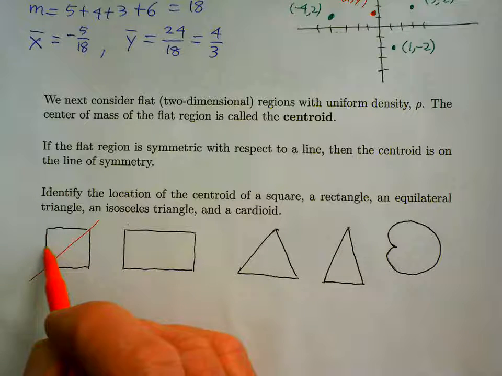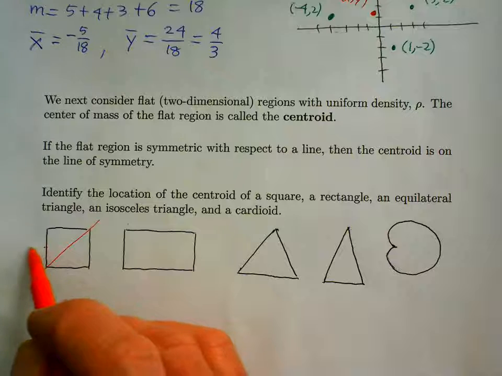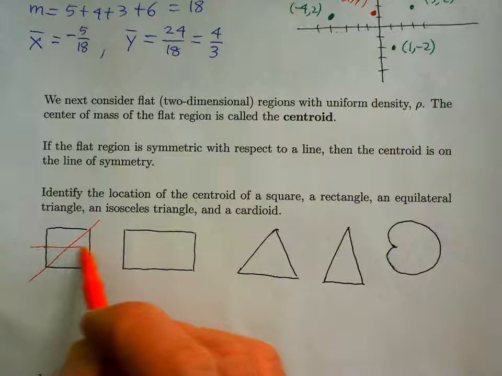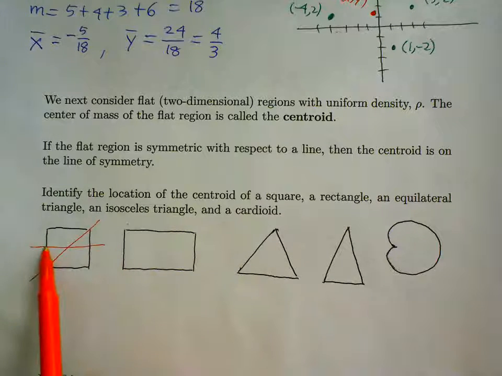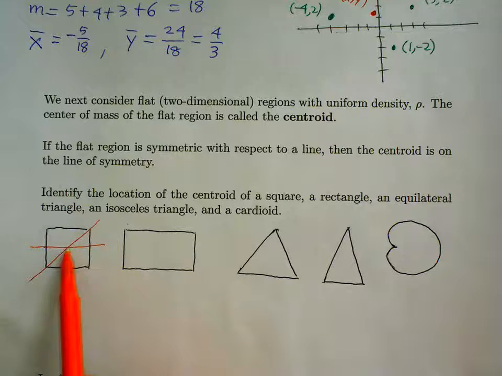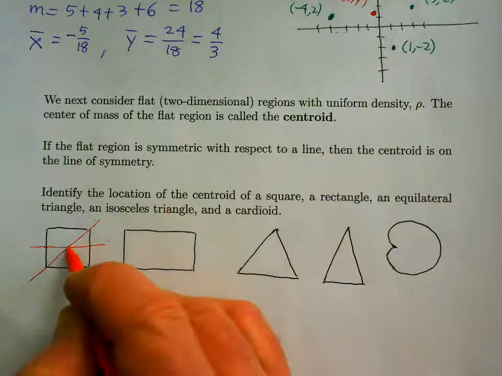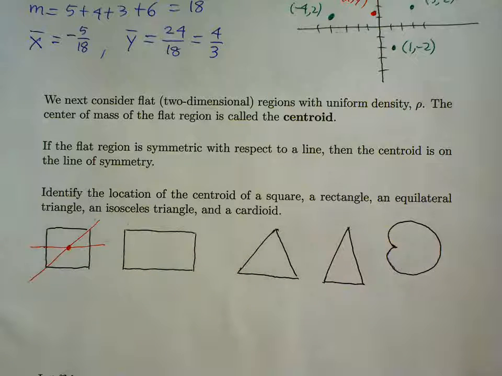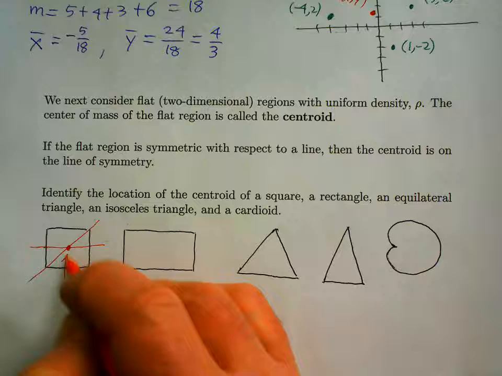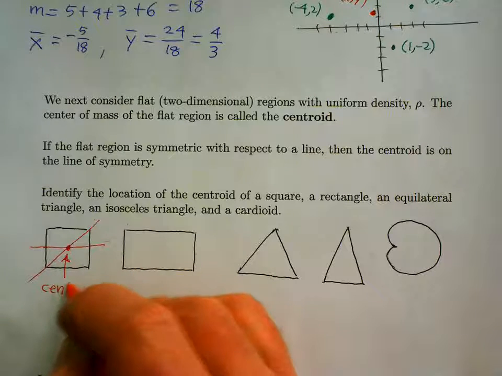But there's another line of symmetry if you construct a horizontal line through the midpoint of opposite sides. That's also a line of symmetry. And if you have more than one line of symmetry, then the intersection has to be the centroid. So that seems pretty obvious. So that's the centroid of a square. It's right in the middle.